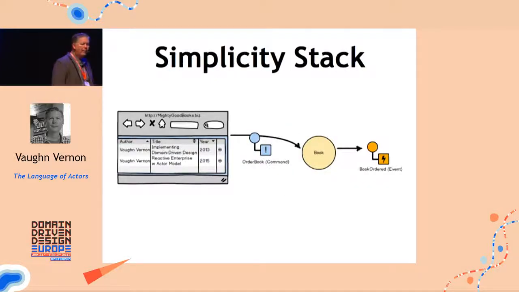But what about using the actor model? Because of some advantages to actors, using the actor model, I think, delivers what I call the simplicity stack. You have the user interface, assuming that we have a user interface at all. In a given bounded context, let's say we don't even have a user interface; maybe the user interface is actually a set of service endpoints of some kind.